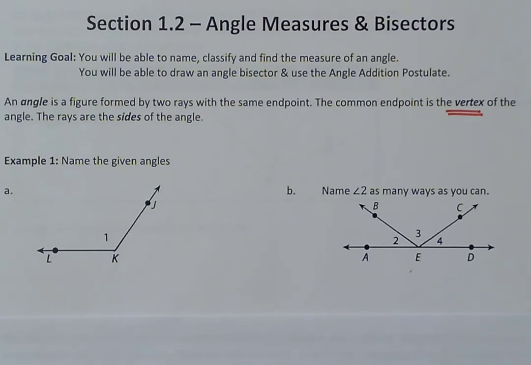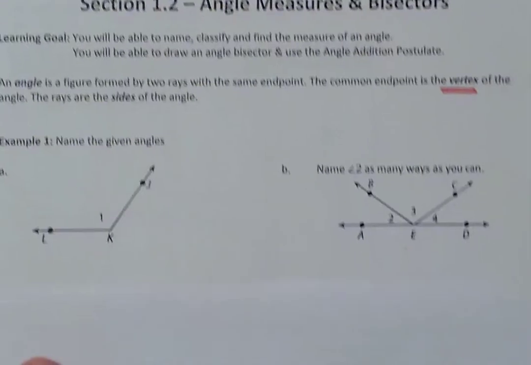We're going to name these much like we did in section 1.1 with a point, line segment, plane, or ray, where we have to go through and name this specific angle. It's not just saying, hey, it's an angle, but tell me what the letters are and which angle you're referring to. So I'm going to move this up here so we have room to work.